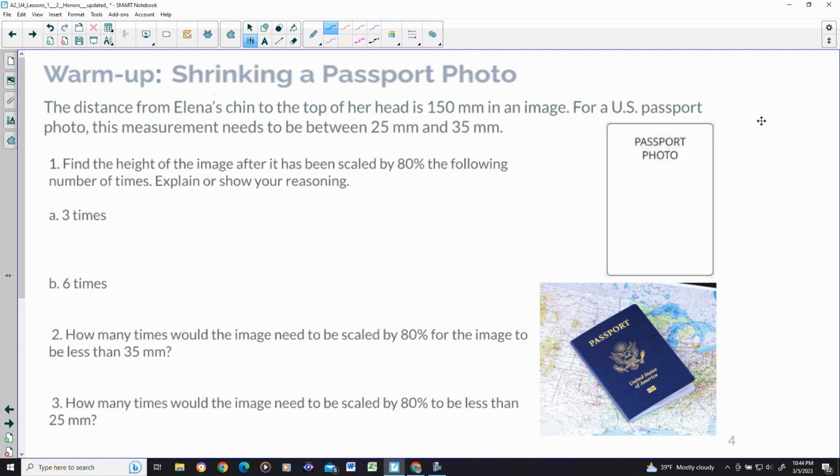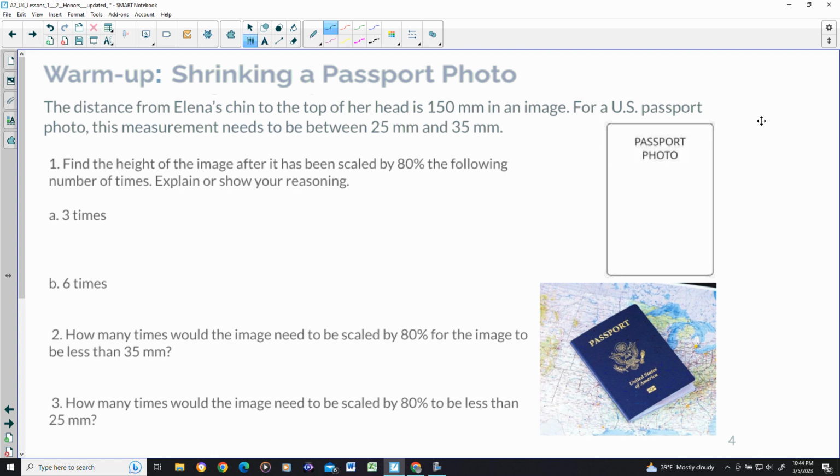So here's a person, Elena. The distance from the top of her head to her chin, the entire height of her head, is 150 millimeters in an image. For a US passport photo, this measurement needs to be between 25 and 35 millimeters. There's a very specific standardized size for the book, right?